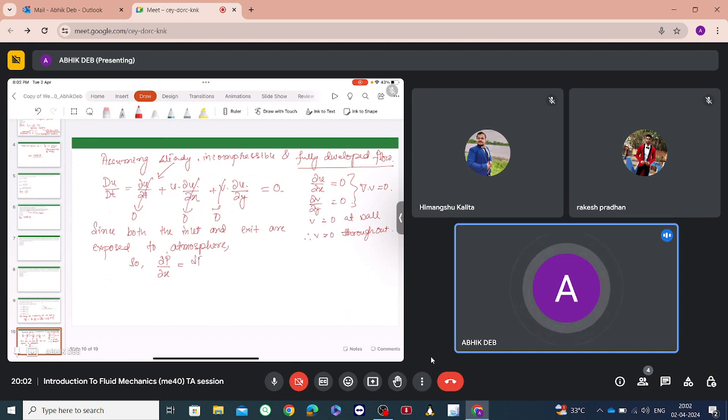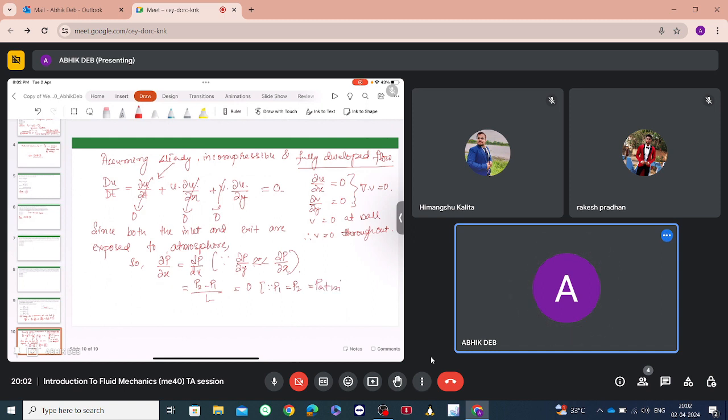Actually this becomes equal to dp by dx, since del p by del y is very much less than del p by del x. This we get from the order analysis, which we are not doing here. This is dp by dx, that is, p2 minus p1 divided by whatever the length is. So this is 0, since p1 is equal to p2 is equal to p atmosphere.